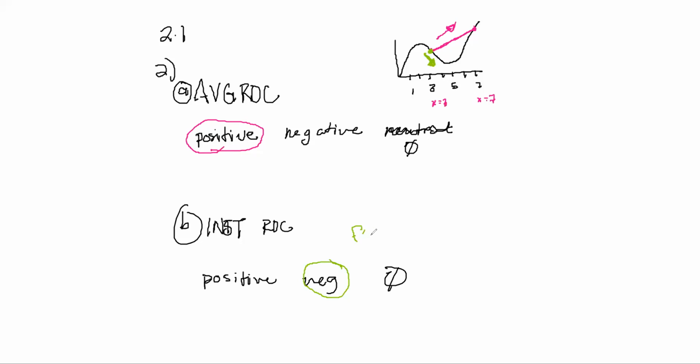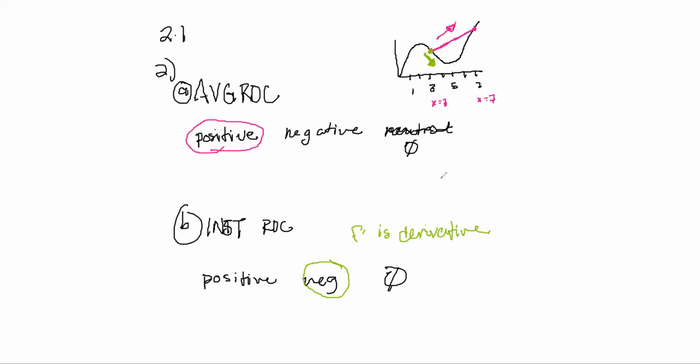F prime is just one way of saying derivative. So the derivative equals the instantaneous rate of change. And yes, Casey, you're also right.